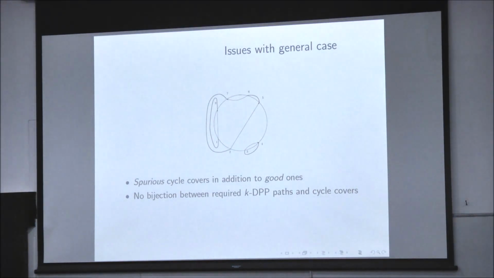There is no such bijection, but notice that these spurious cycle covers correspond to a different terminal pairing, for a different pairing of the terminals. For example, we have a path from here to here and a path from here to here. So if the corresponding terminals were paired, we would get the same set of paths.